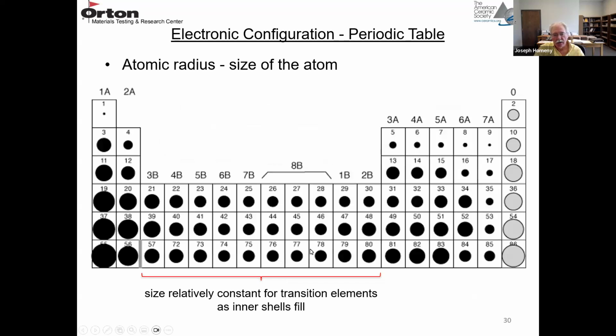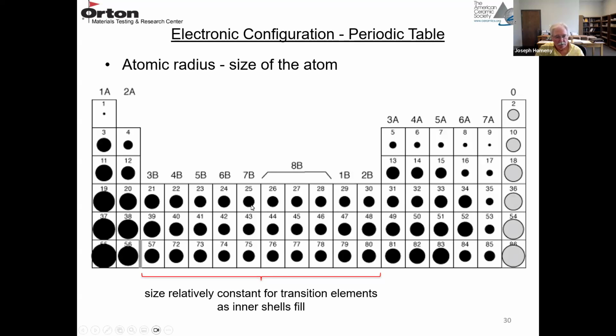This is just the periodic table. It's kind of a schematic diagram of the sizes of the different elements. So you can see going down a column, the size is increasing, and then going across a row, the size is decreasing, and then you finally get to the inert gases where there's an increase in the size again.